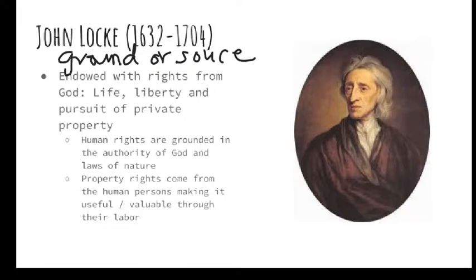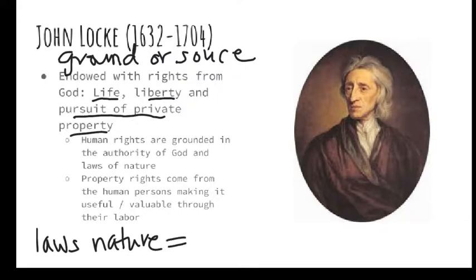He argued that we're endowed with certain rights from God, and those included life, liberty, and the pursuit of private property. And so ultimately his logic was the idea that according to the laws of nature and God, all human beings are basically the same.